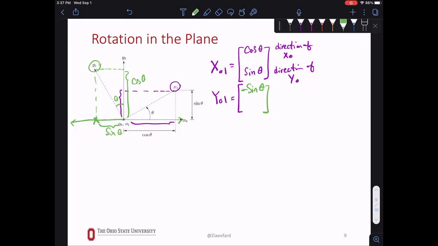And then how about the new one, the direction of y0? Cosine of theta, right? So now we will introduce our rotation matrix.